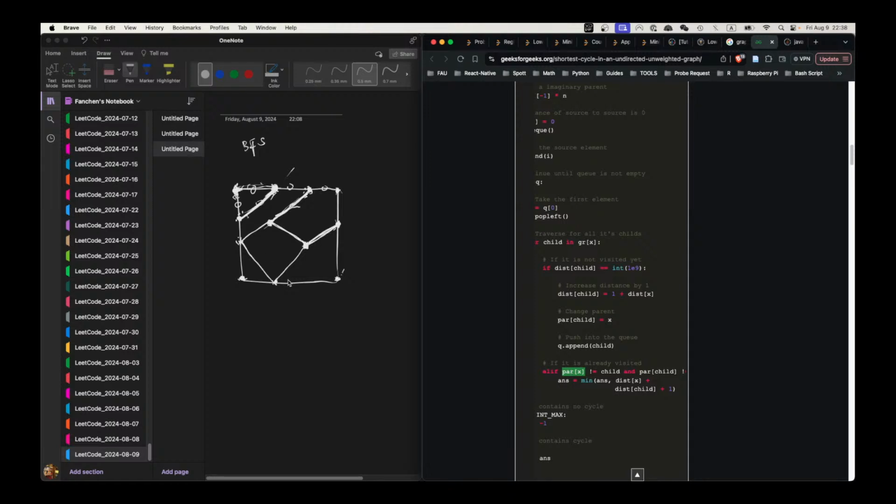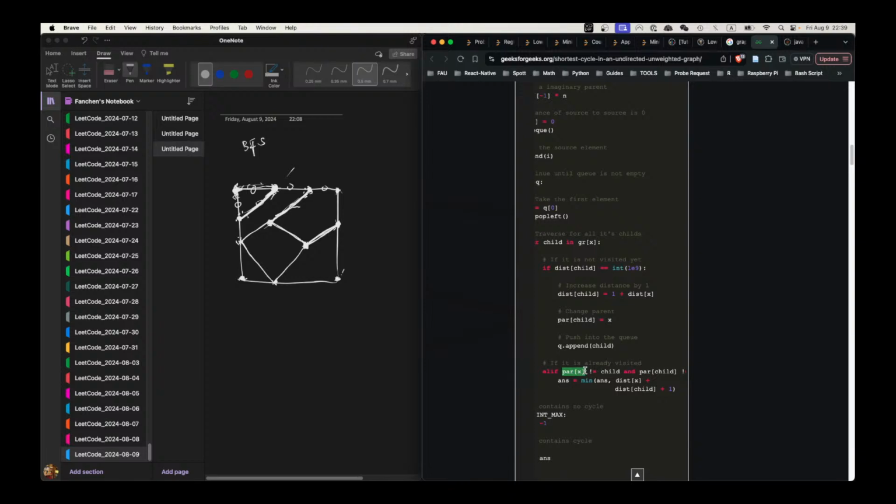Wait a second, what is this? Parent is not equal to child. Okay, so I visit something that's already visited before. And if parent x is who goes to parent? Okay, so this just means it's not an edge. We're not going back and forth, right?